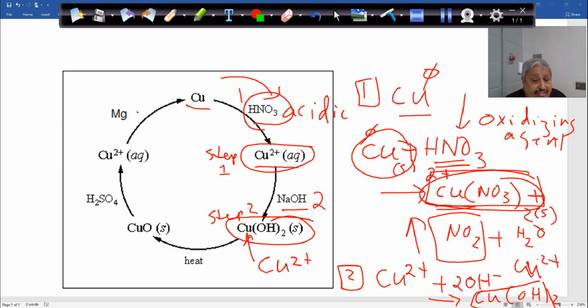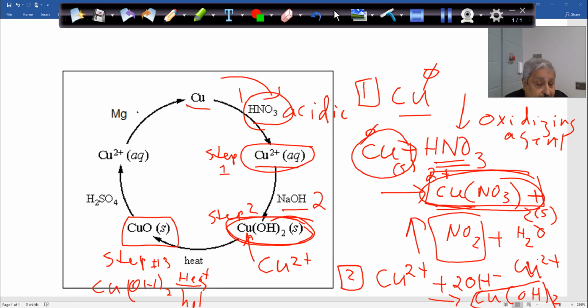Then we'll start with copper hydroxide here. This is step number 3. So we'll take copper hydroxide and heat it. Now, when you heat this one here, you heat it where? On the hot plate.